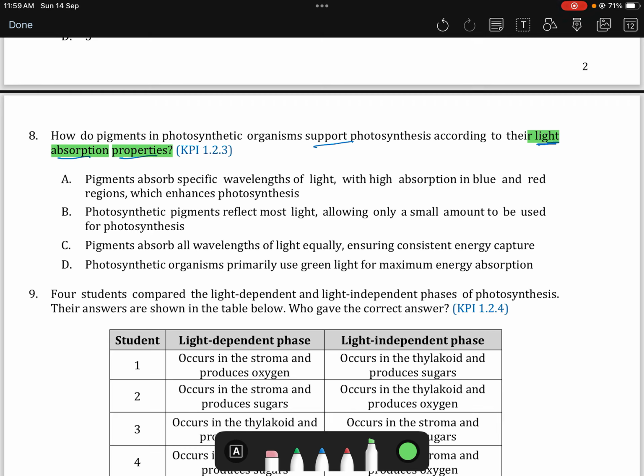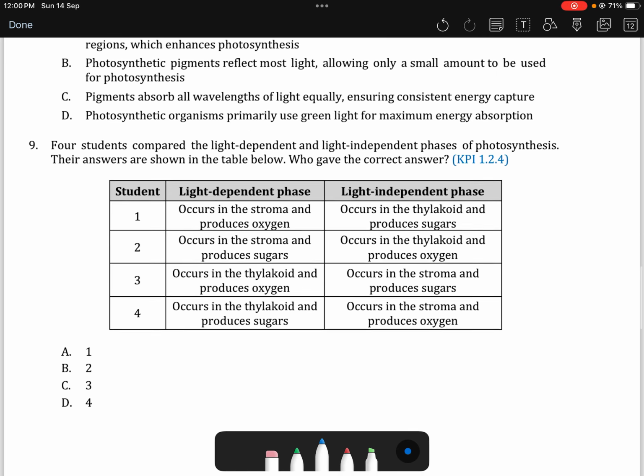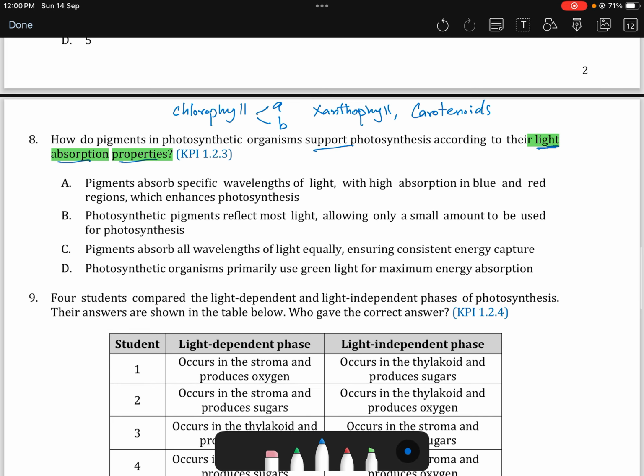But here we need to see what they do. In class we studied pigments like chlorophyll, which is either chlorophyll A or chlorophyll B. We also studied xanthophyll and carotenoids, and there are more pigments possible. We need to know their major properties.